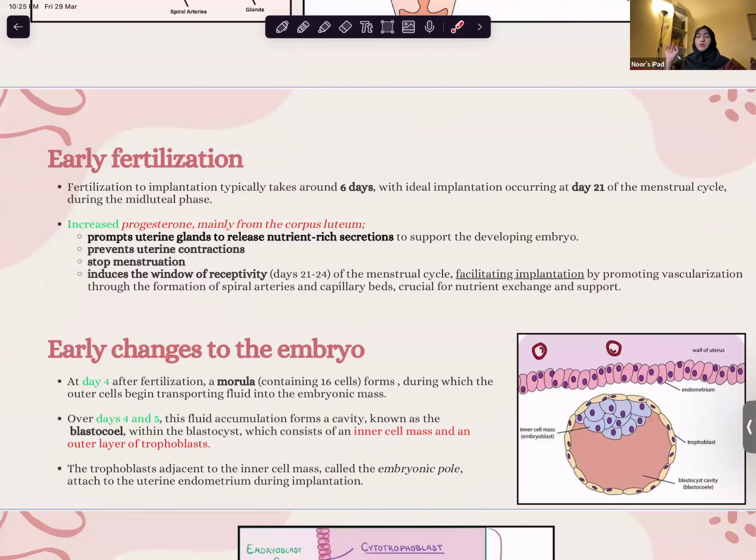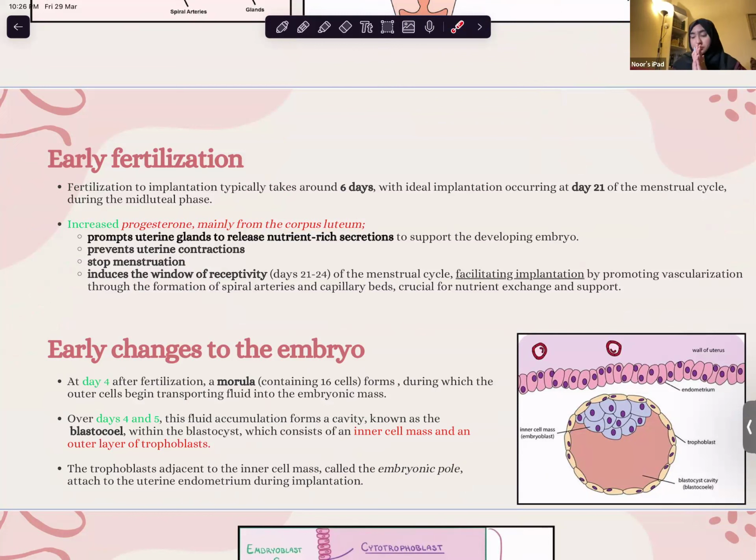During early fertilization, there is increased progesterone in the body, mainly from the corpus luteum. Do you remember when there was the LH surge? An egg was released after ovulation upon LH surge, and the remaining structure of the egg was called the corpus luteum.